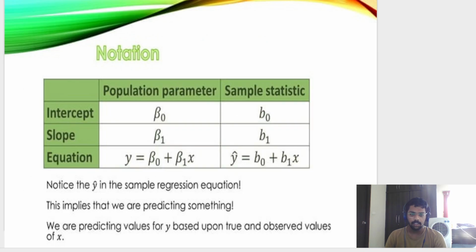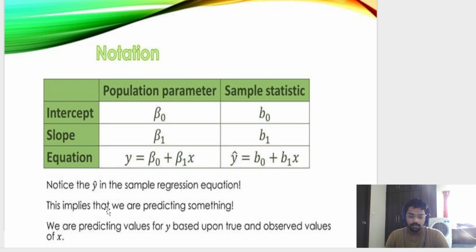And next we talk about the notation. Here one of the notations is beta and another one is b. When it comes to beta, we use it for population parameters, especially in the regression case, and b is the sample statistic.